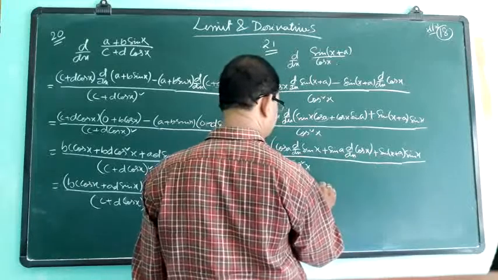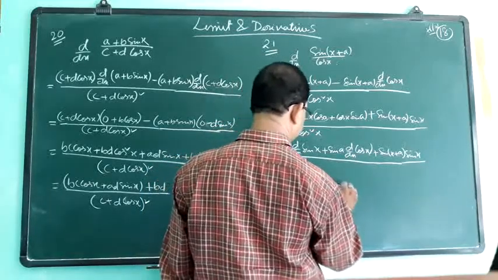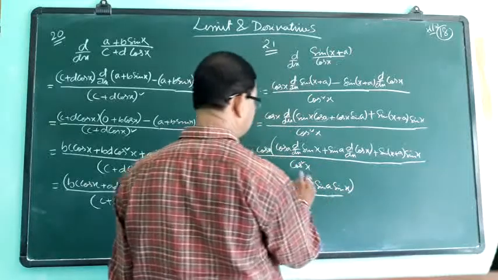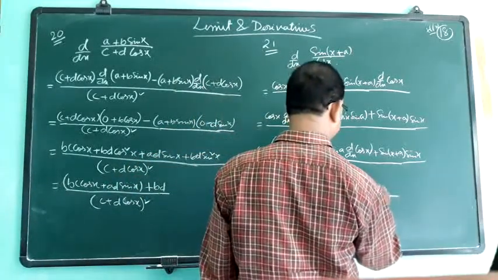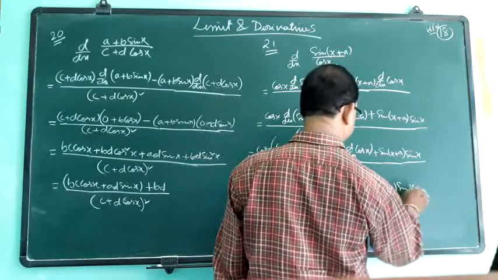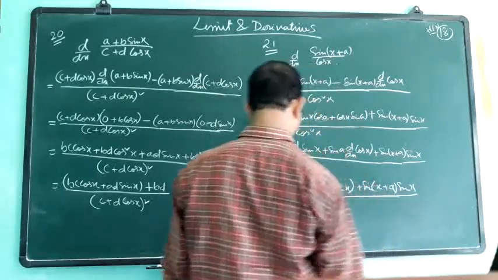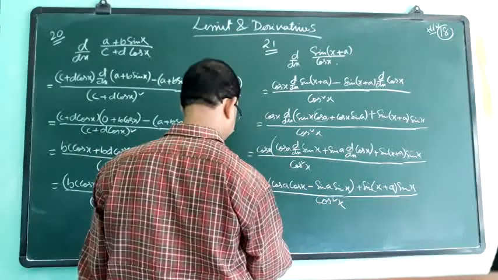Differentiation of cos x is sin x, so we will get this one as minus sin x, we have put, and minus we have taken here. Then we are left with sin x plus a into sin x, the whole thing divided by cos square x.